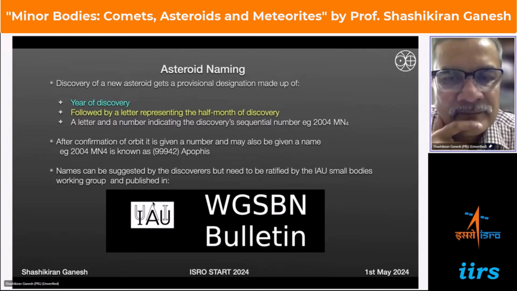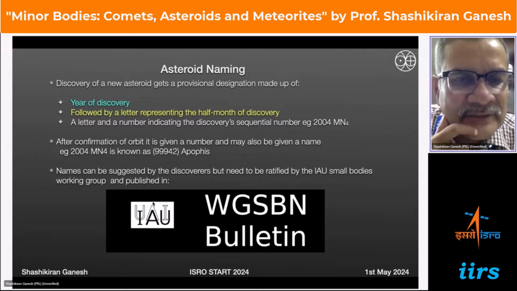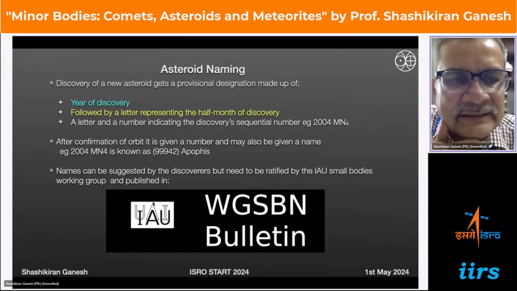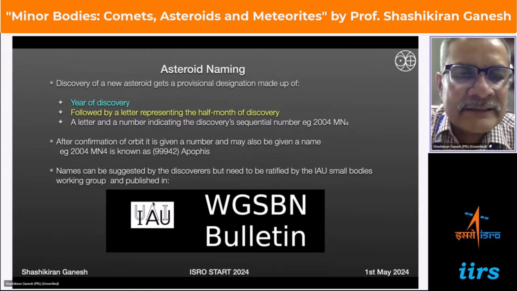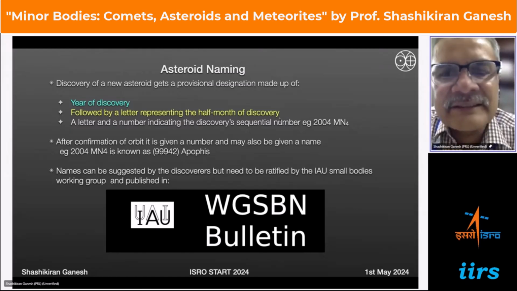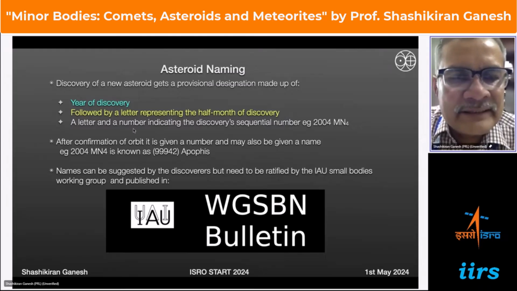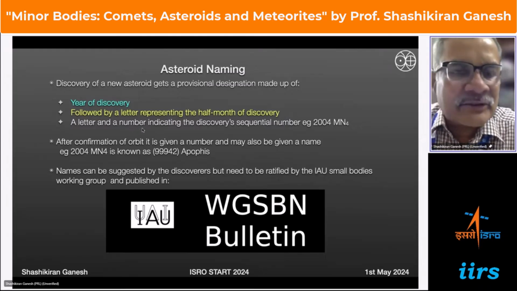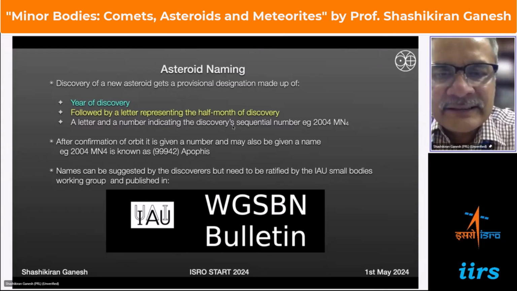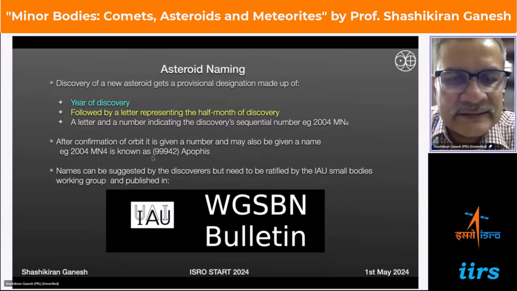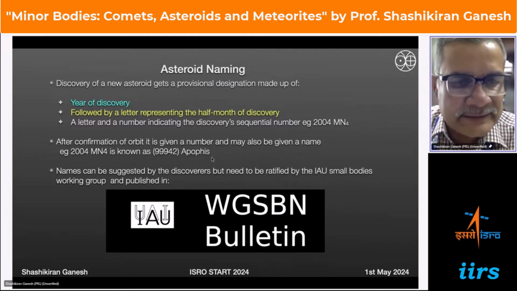These objects are given names with the year of the discovery, followed by a letter representing the half month of the discovery, just like in comets. But at the end, because the numbers are large, we also have a letter and a number indicating the discovery sequential number. For example, 2004 MN4. This is also known as the asteroid Apophis. I will tell you about Apophis shortly.